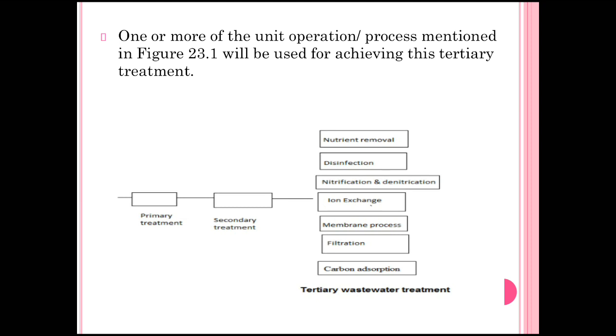Then the next step is disinfection, where disinfectants like chlorine, ozone, and oxygen are added. Then nitrification and denitrification, then ion exchange, then membrane process, then filtration, then carbon adsorption. These are all the general processes done in tertiary wastewater treatment.